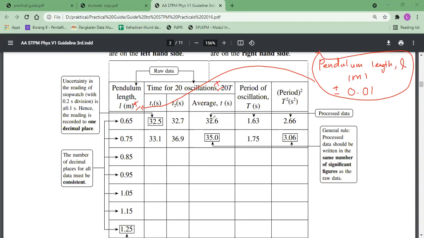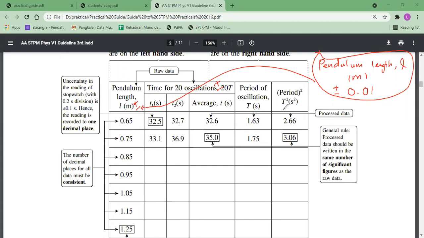The time we calculate, this one, no need plus minus. The quantity you use an instrument to measure, then yes, you must write plus minus in your table. Compulsory for all of the experiments.